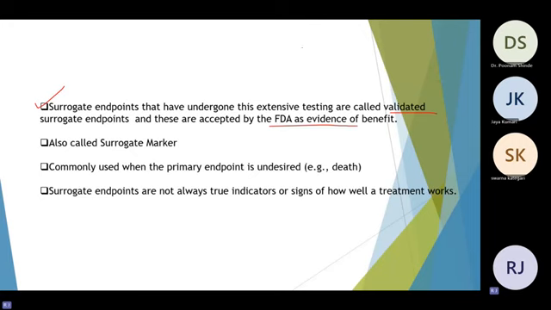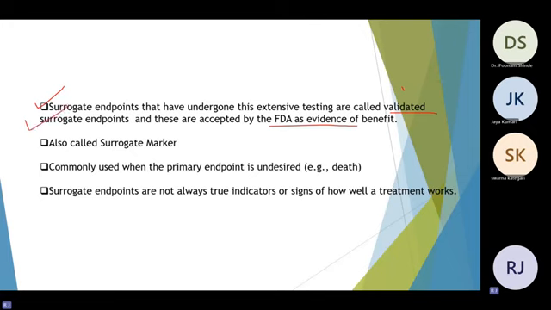Now we have good data. Instead of these primary endpoints, we can use surrogate endpoints and determine the actual efficacy of a drug molecule. Those surrogate endpoints which have been used for many years, for which we have enough data, are called validated surrogate endpoints.